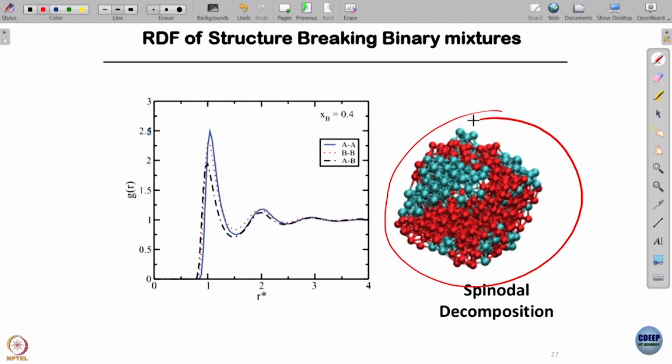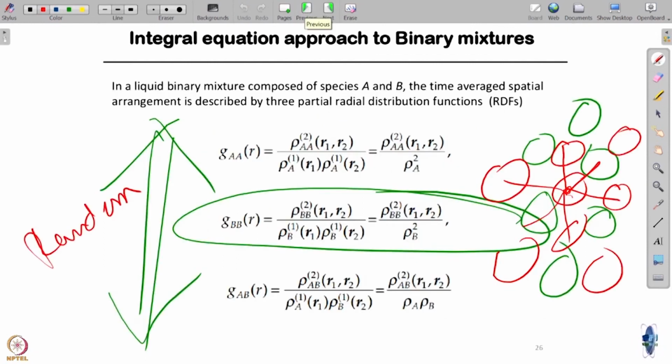How do I know that? I can calculate the radial distribution functions, which give me how many A around B, how many B around A, how many A around A, how many B around B. These are the radial distribution functions, the joint probability distributions.